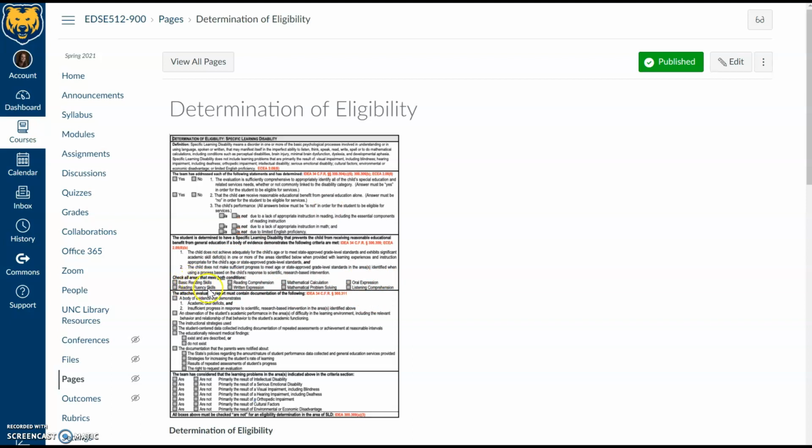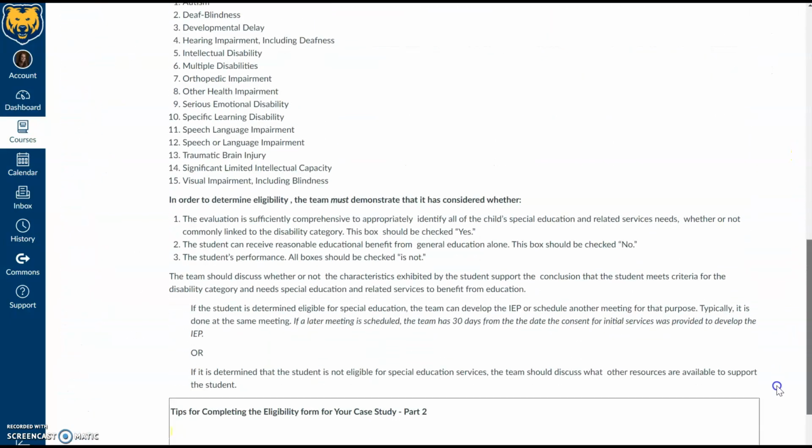This could be for specific learning disability is the example provided here. Basic reading, reading fluency, you'll see mathematical calculations, several areas. And then we just need to give evidence that family has been notified and that these issues are not primarily the result of cultural factors or economic disadvantage. We need to rule all of that out.